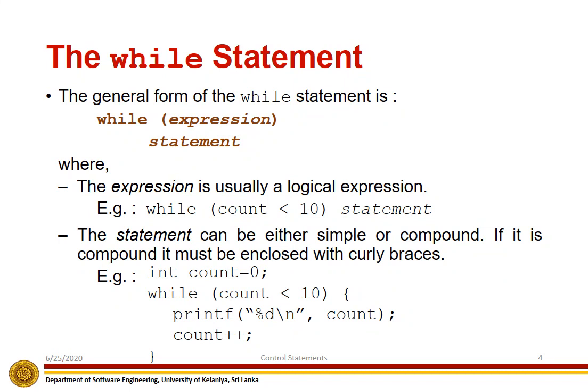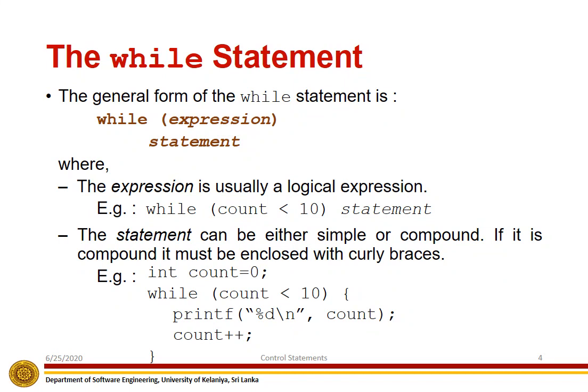So this while statement executes as long as the condition count is less than 10 is satisfied. The statement can be either simple or compound. If it is compound, it must be enclosed with curly braces. If it is simple, there is no need to put the curly braces. If you want, you can give them, but that is not necessary.